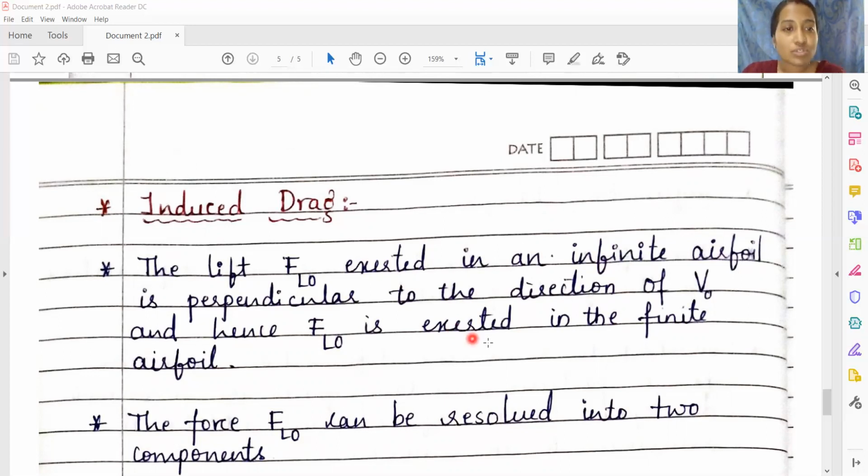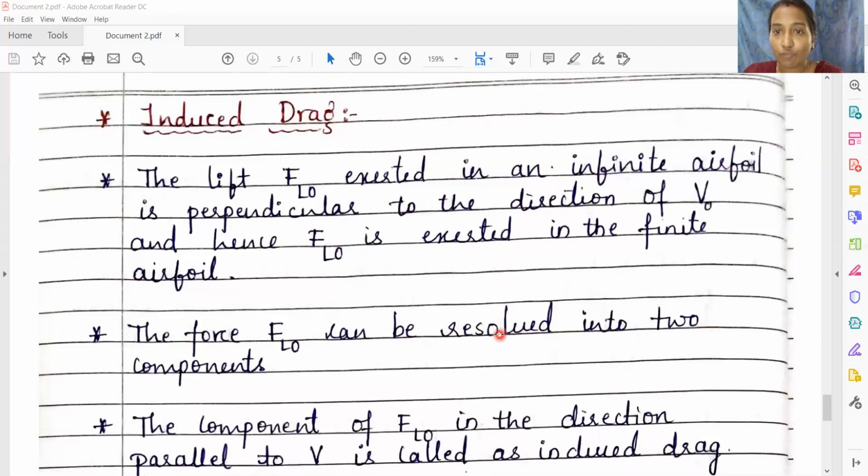So the lift F_LO exerted on an infinite aerofoil is perpendicular to the direction of the velocity V_O. As the velocity is moving in the same way, this force is also perpendicular to that particular velocity here. Hence, F_LO is exerted on the finite aerofoil.